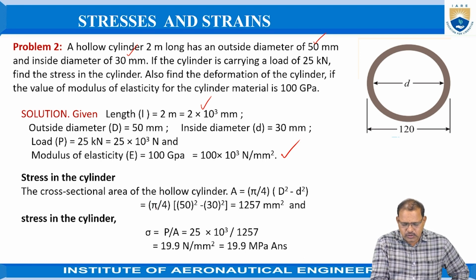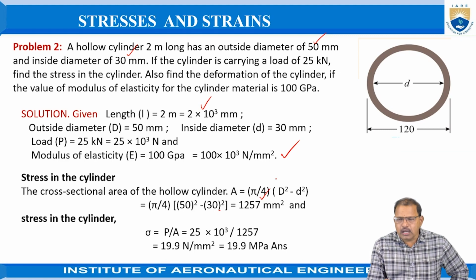So from this, on doing the calculation pi by 4 into 50 square minus 30 square, on doing simplifications we got 1257 mm square.